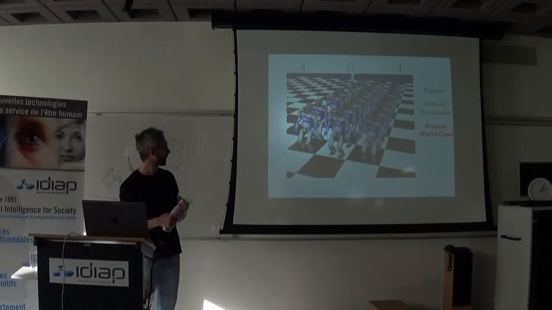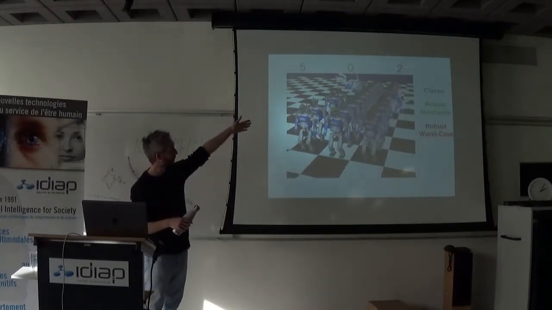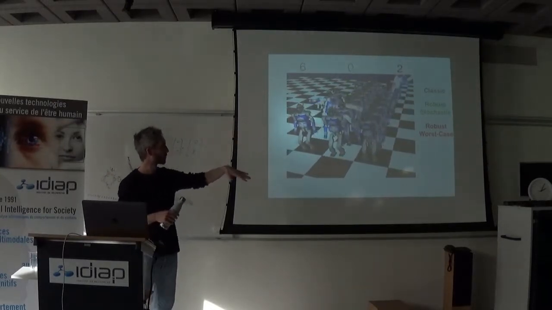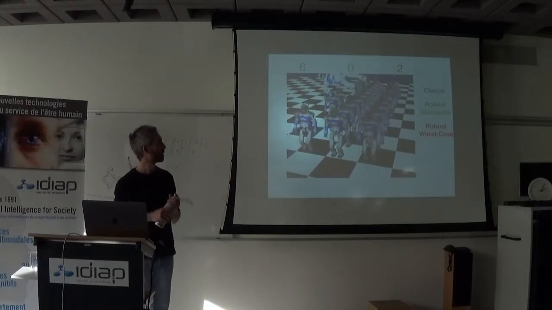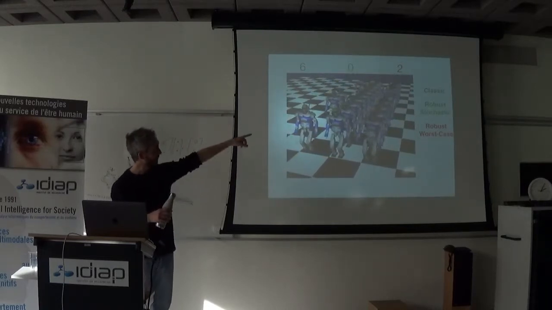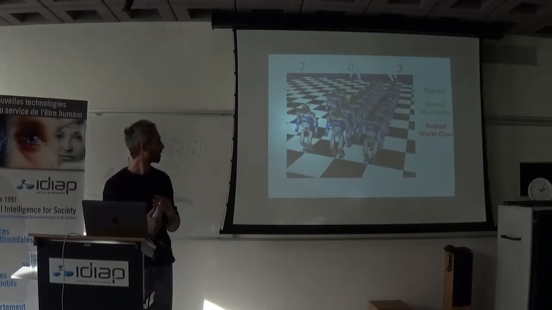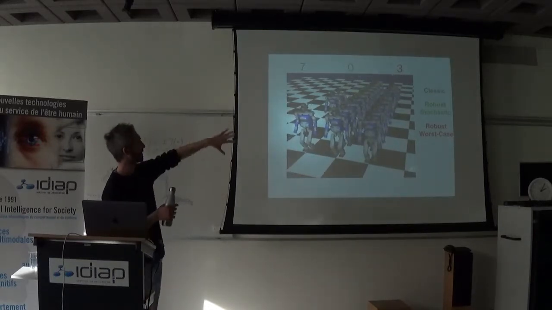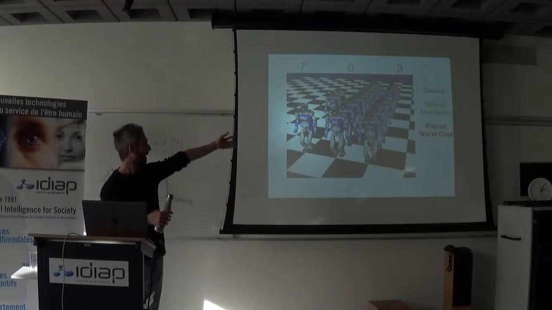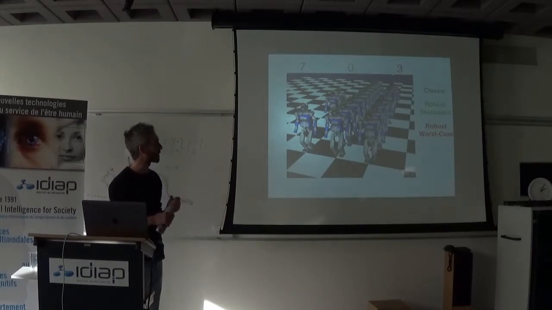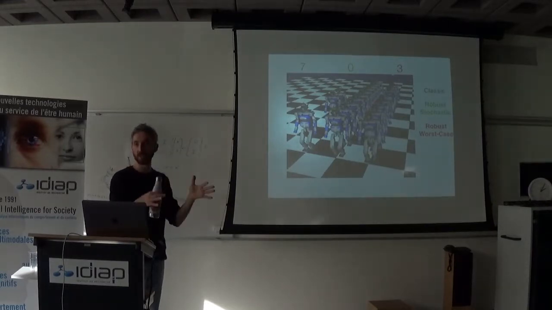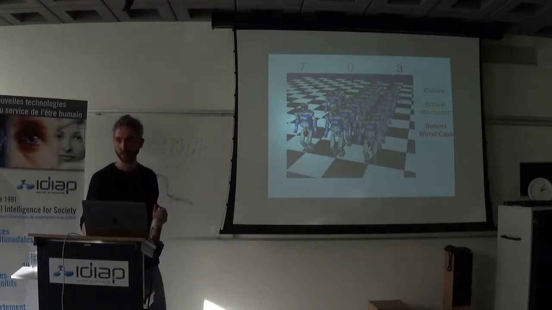And as you can see, the robots controlled by the classic approach are falling much more often than the ones controlled by the robust controllers. So even if this is just a subset, I chose the example in such a way that they are quite representative of the final statistics.